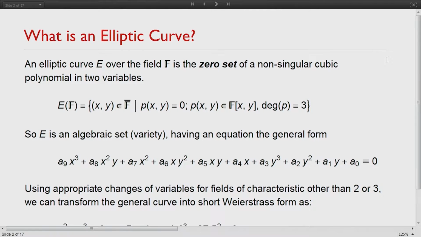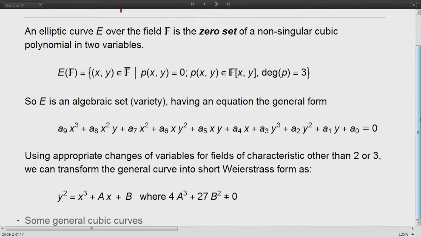Typically anyway. The general form of a cubic of degree 3 is shown there, but for an appropriate change of variables over fields that don't have characteristic 2 or 3, because essentially you have to divide by 2 or 3 to do the change of variables, you get this simplified form, called the short Weierstrass or just Weierstrass form.